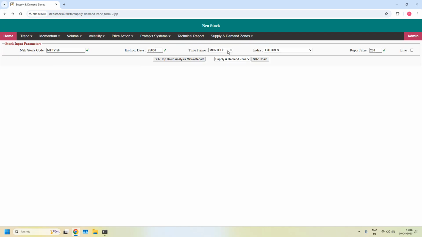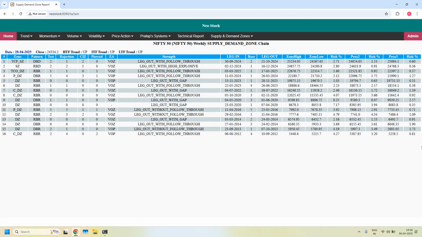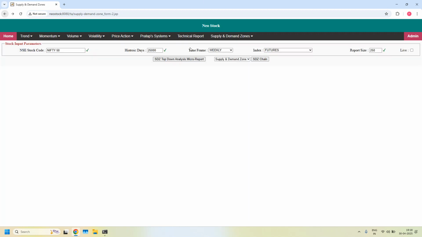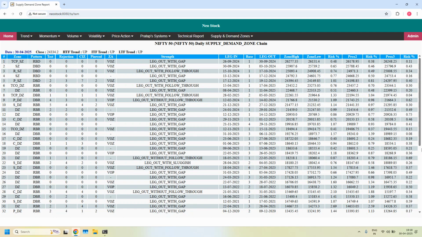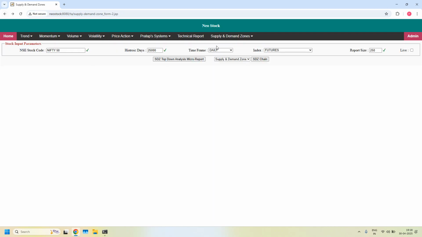Okay, next, generating weekly supply demand zone chain for NIFTY. Okay, next, generating daily supply demand zone chain for NIFTY. Okay, next, generating 125 minutes supply demand zone chain for NIFTY.